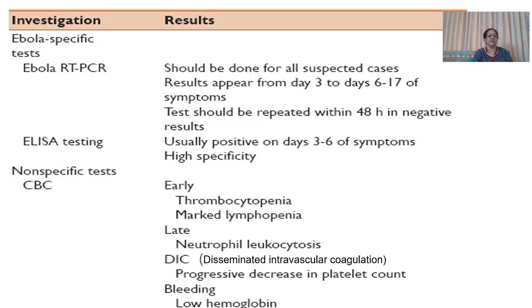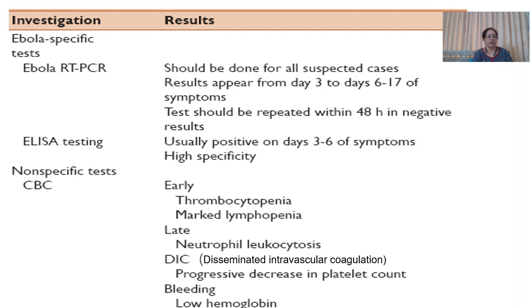Other non-specific tests include disseminated intravascular coagulation, that is DIC, which is again one important but non-specific test. Progressive decrease in platelet count is also one symptomatic type of result of the laboratory diagnosis.